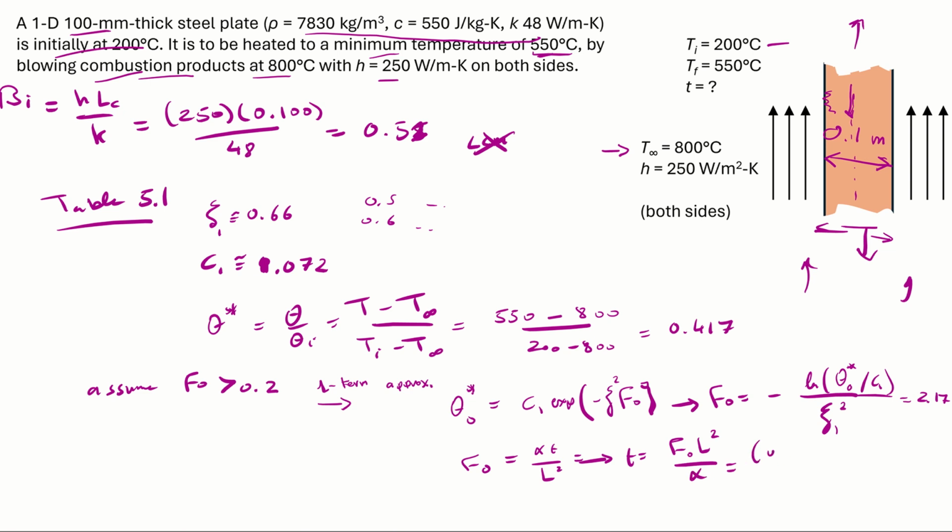So this would be 2.17 times 0.1 divided by 2, because this is the L, squared, divided by alpha, which is 48 divided by the rho and Cp values, times 550.